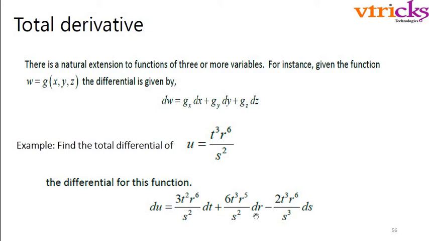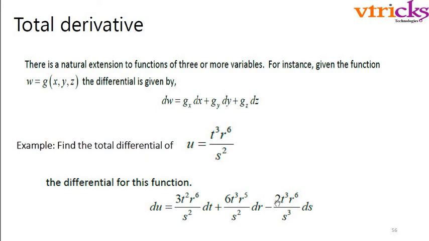In the next term, we will talk about the partial derivative of u with respect to r. So t cube and s square will remain constant. r^6 will give me 6r^5. So this will be u_r into dr. And finally here you will have u_s into ds. So for u_s, now here why we get a minus sign, you have to consider this as s to the power minus 2 and differentiate.